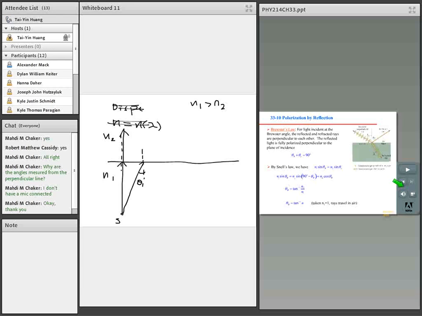If you just do that by Snell's law, if n1 is large, then what is the relationship between theta 1 and theta 2? Is theta 2 going to be larger than theta 1 or smaller?